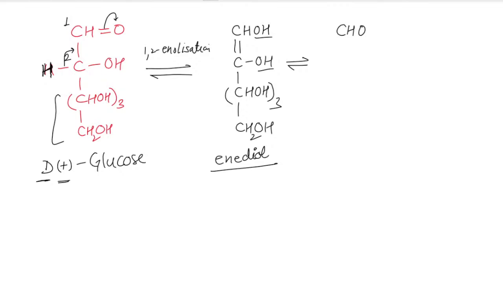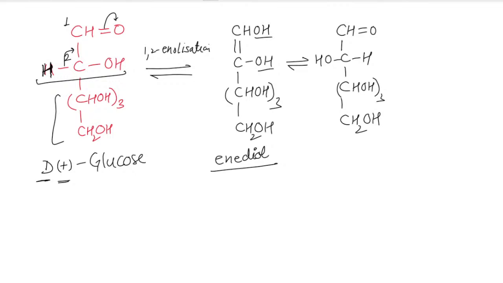So say this CHO group remains as such. Now this H, OH, it may be OH, H. Okay, so this is called D plus mannose.